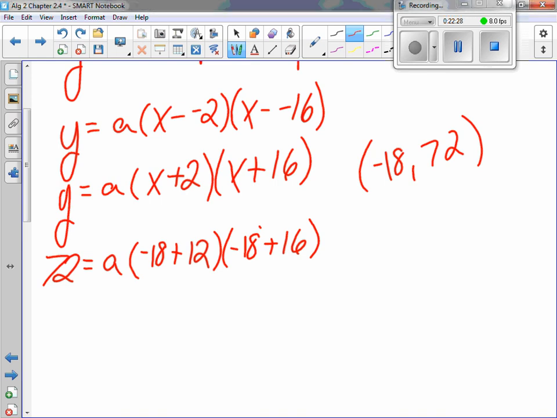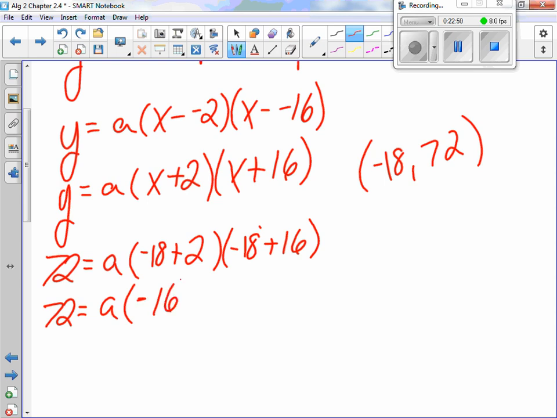Thank you, so it should be 2. Yes. So we should have 72 equals a times (negative 18 plus 2) times (negative 18 plus 16). Well, negative 18 plus 2 is negative 16. Negative 18 plus 16 is negative 2.